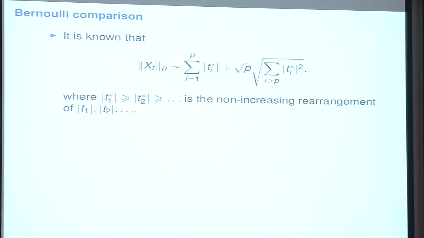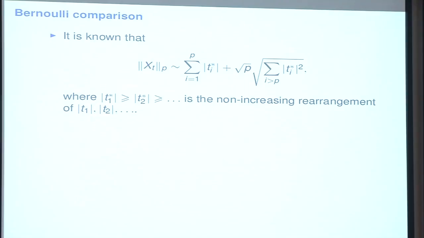If you can compare Gaussian parts, and the Gaussian part stems from understanding the norm of a Bernoulli canonical process, and we know that the p-th moment of a Bernoulli canonical process is the following quantity.